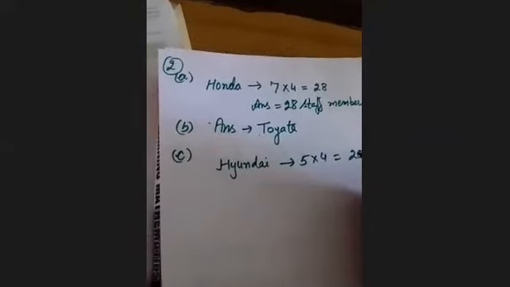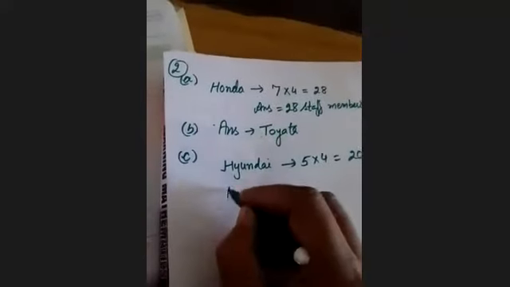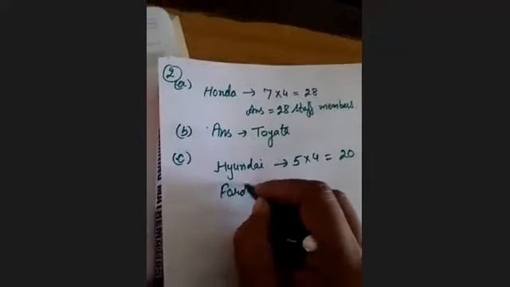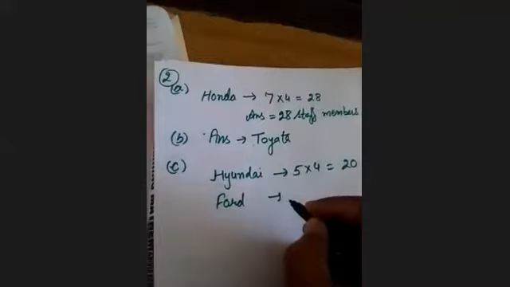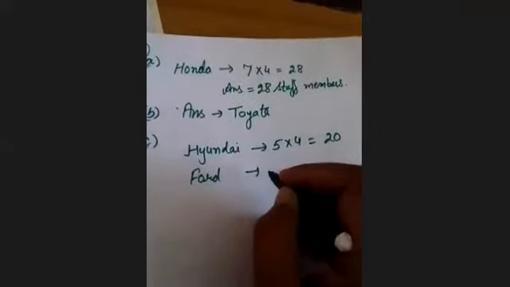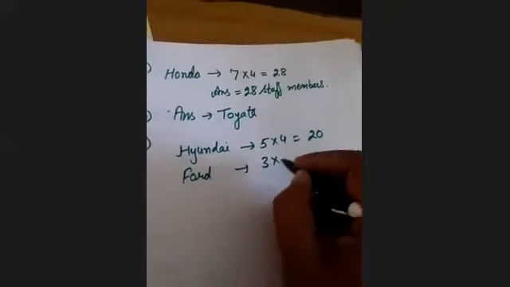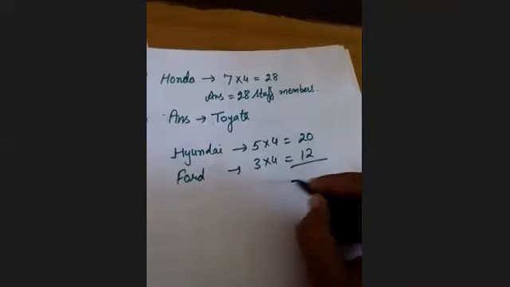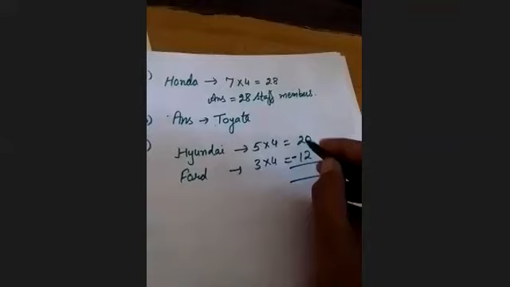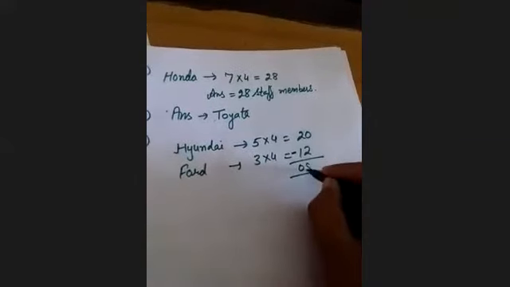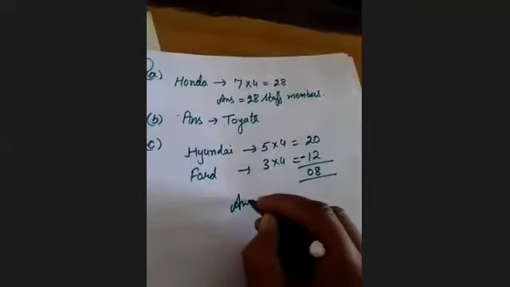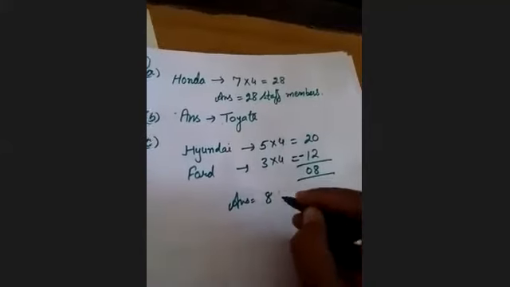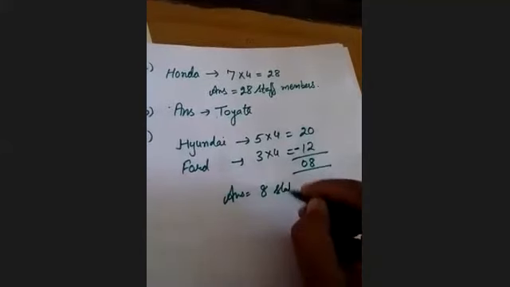And Ford, in this column we have only 3 pictures. So 3 multiplied by 4 is 12. Now find the difference. 20 minus 12 is 8. So the answer is 8 staff members.